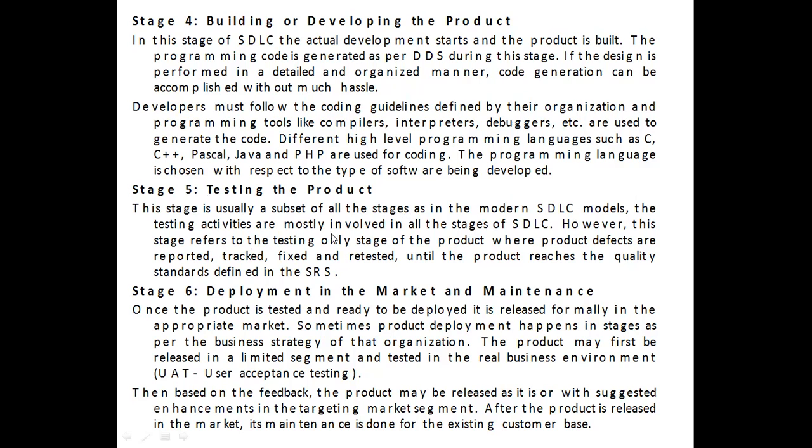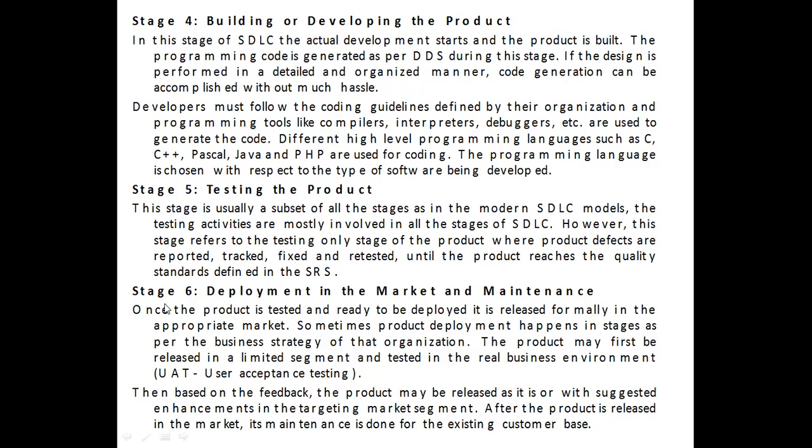The testing activities are mostly involved in all the stages of SDLC. However, this stage refers to the testing only stage of the product, where product defects are reported, tracked, fixed, and retested until the product reaches the quality standard defined in the SRS, the software requirement specification.